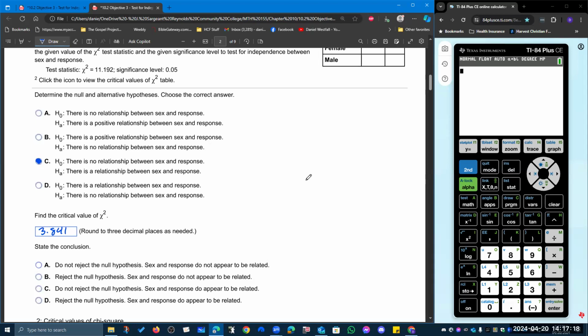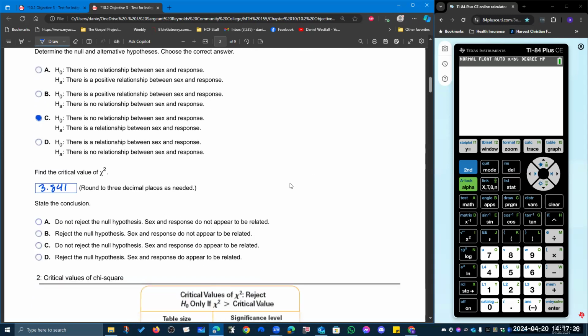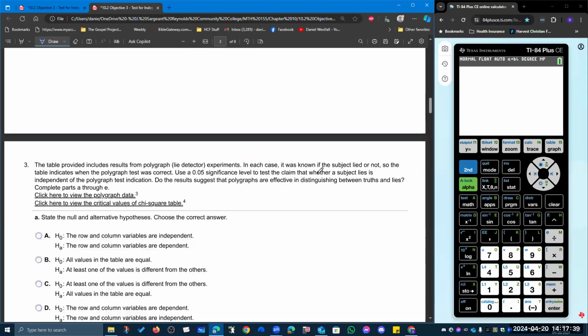And we have a chi-squared test statistic now that is greater than our critical value. So we do reject the null hypothesis, and the responses seem to be related to the sex in this case. Sex and response do appear to be related.